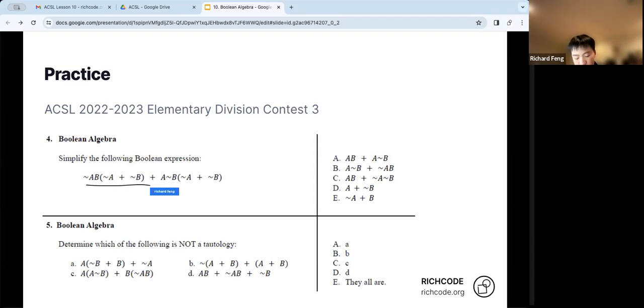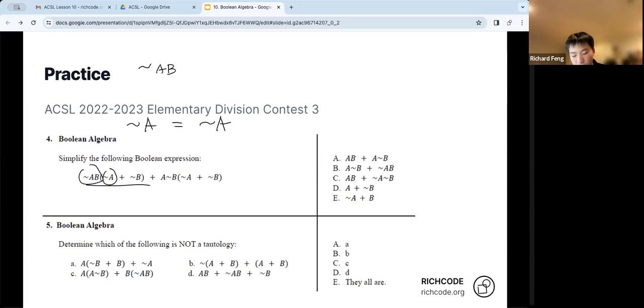We can distribute the terms. So for the first part, we get not A B. I'm multiplying not A and B by not A. So not A times not A is just not A. This is one of the identities: whenever you AND something by itself, it's just itself.